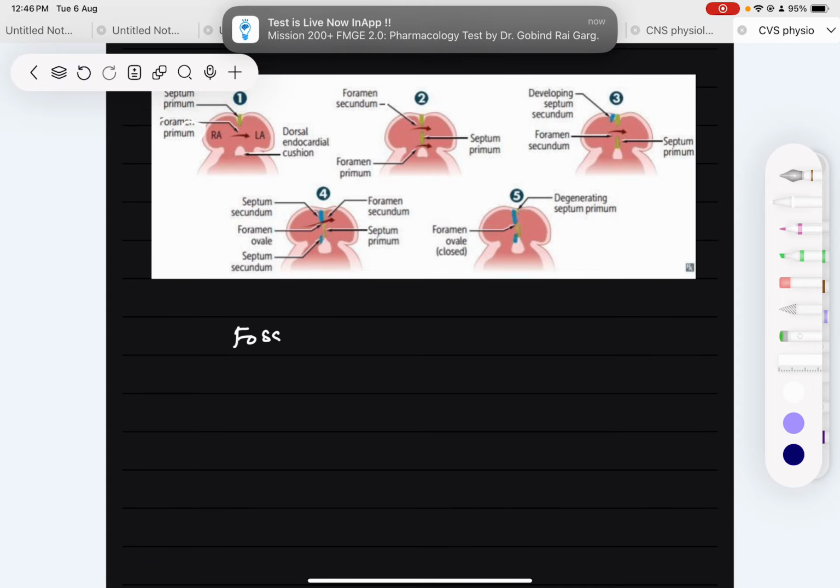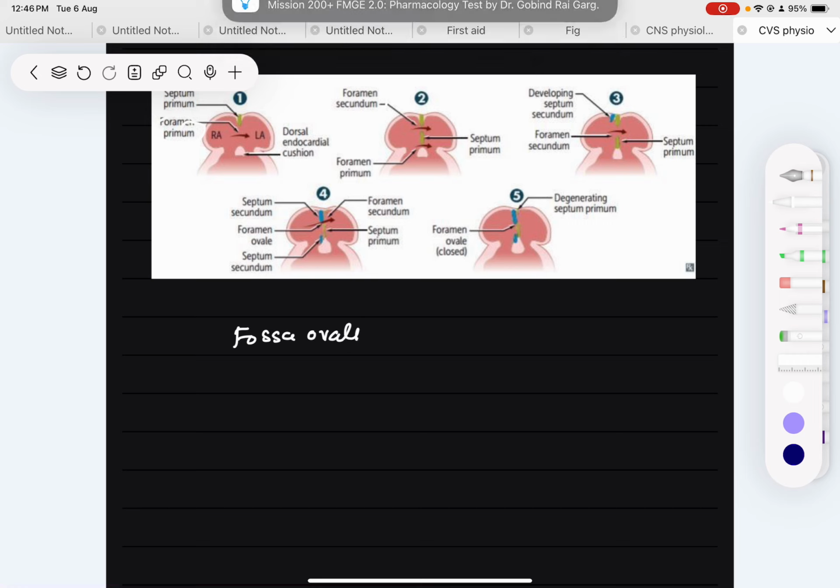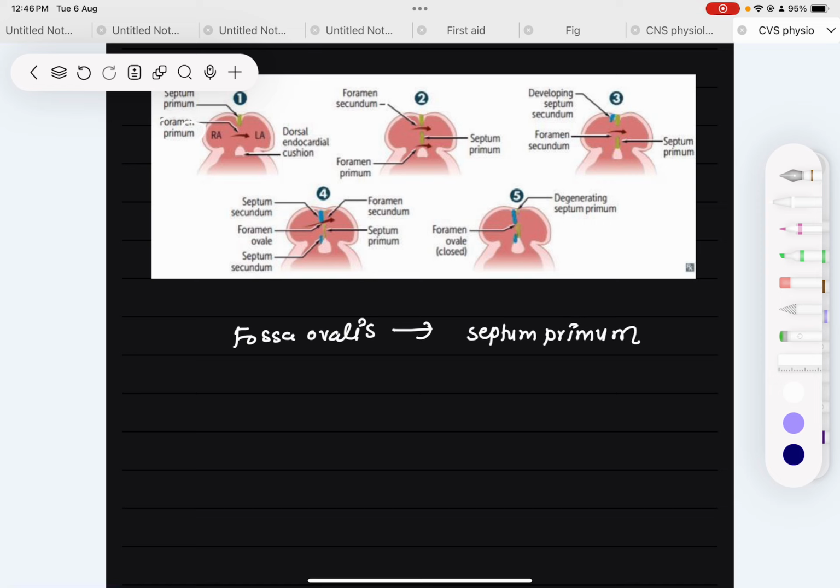So two terms: fossa ovalis will be formed by septum primum, and limbus fossa ovalis will be formed by septum secundum.